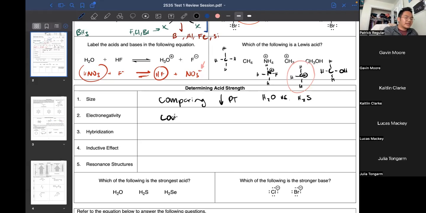Electronegativity is for comparing acids across the periodic table. Those are going to be like NH bonds versus OH bonds. An example of that would be, let's say you have an alkane, and let's connect it to an amine group, and then you have an oxygen.